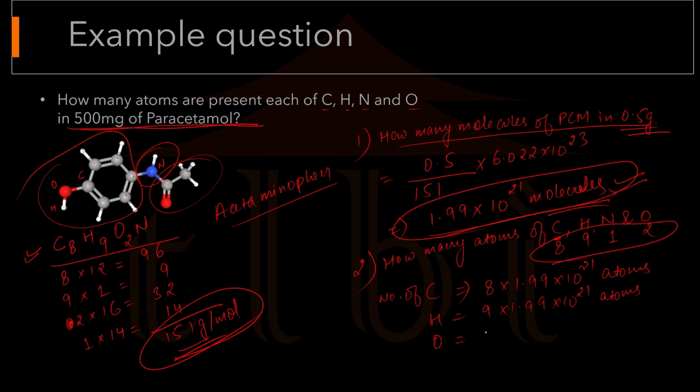Oxygen will be 2 into 1.99 into 10 to the power 21 atoms, and nitrogen will be 1.99 into 10 to the power 21 atoms, right? You can calculate all this and you will get the answer, right? So I hope you understood the whole lecture.